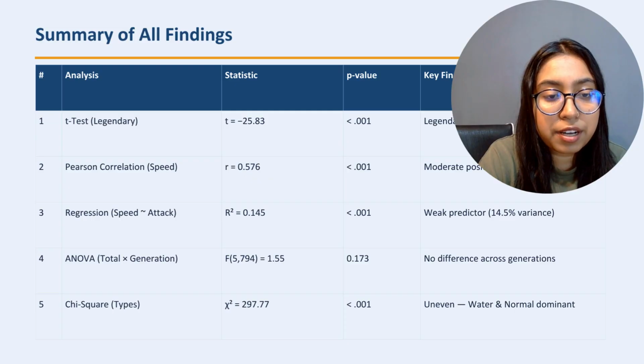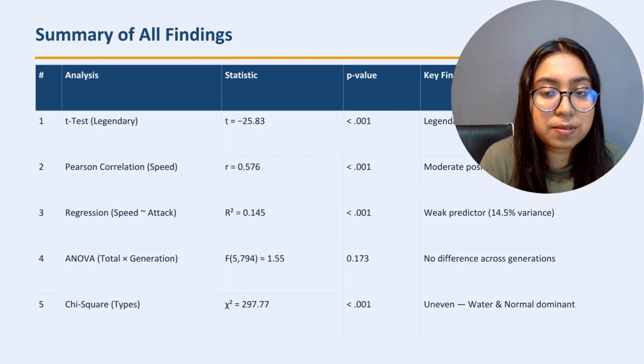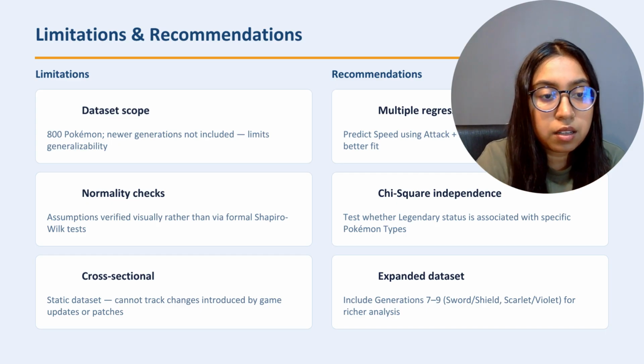Finally, the chi-square test confirmed that Pokemon types are not equally distributed, with water and normal appearing more frequently. Overall, 4 out of 5 analyses were statistically significant, while the ANOVA highlighted consistent balance across generations.